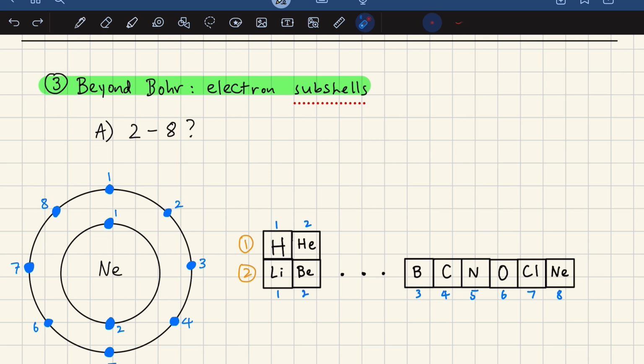So lower energy electrons, like the electrons in this first hydrogen-helium row, are placed closer to the nucleus, while the 8 electrons out here corresponding to that second period are further away, which means that they are higher energy.